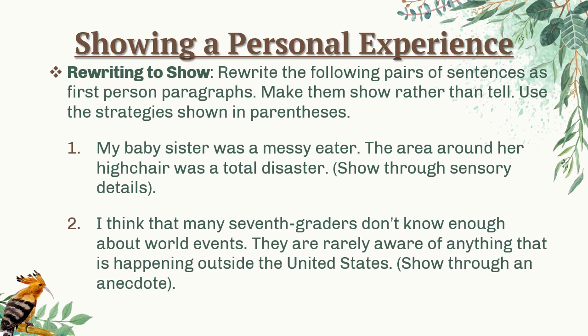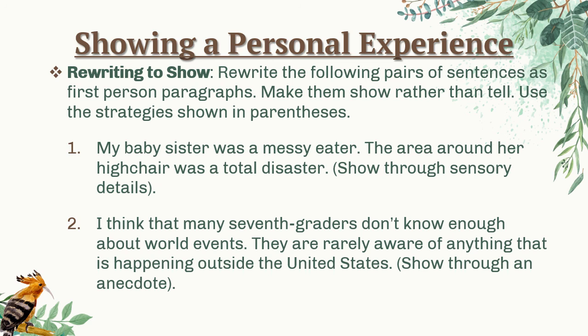Okay, number 2 that you need to do is, I think that many 7th graders don't know enough about world events. They are rarely aware of anything that is happening outside the United States. Show this through an anecdote. An anecdote is a story, an incident. So you need to show me that 7th graders don't really know much about the world.